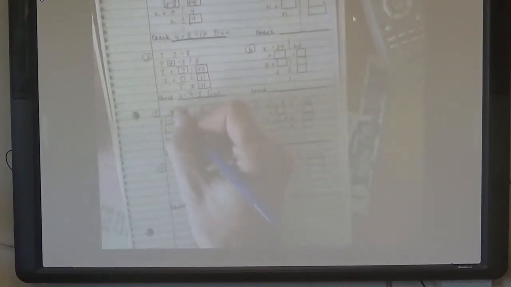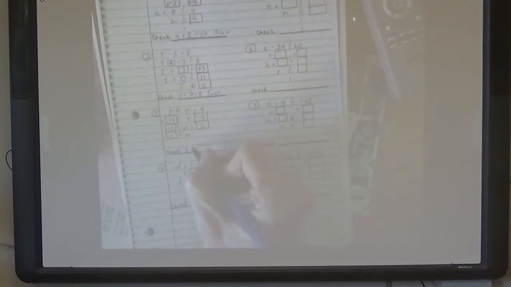Add negative 4 on the other side. 3 plus negative 4 is negative 1. So n is negative 1. Check it. 3 is equal to negative 1 plus 4. And that's true.